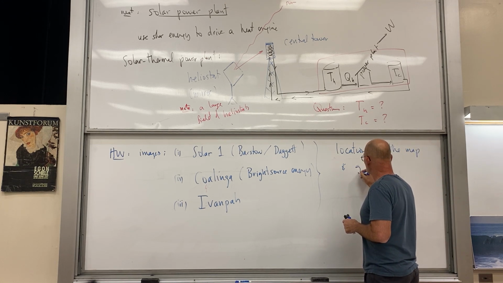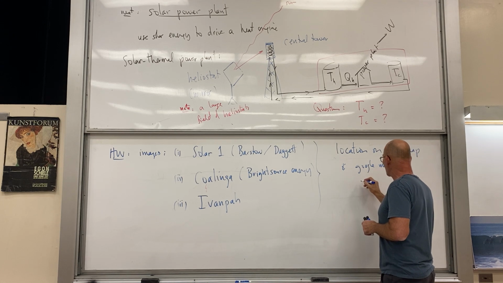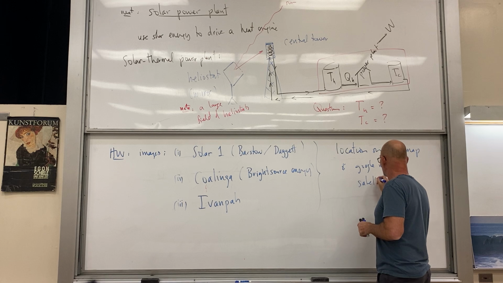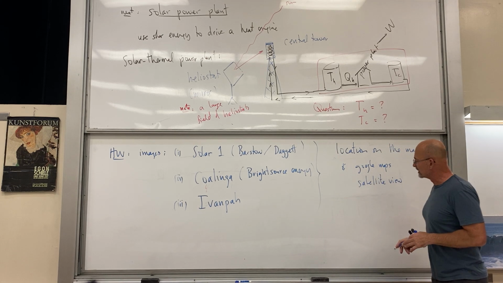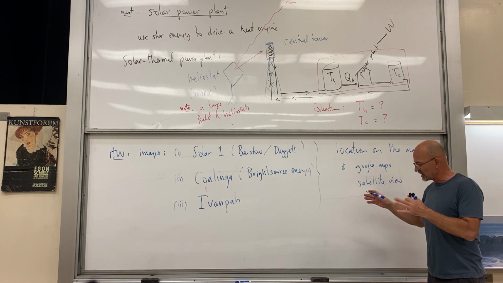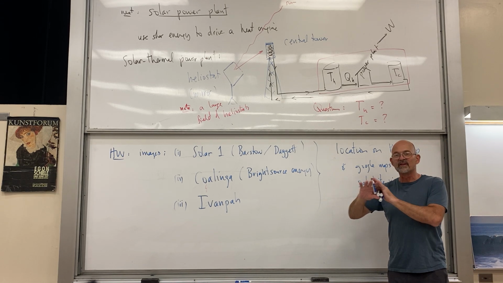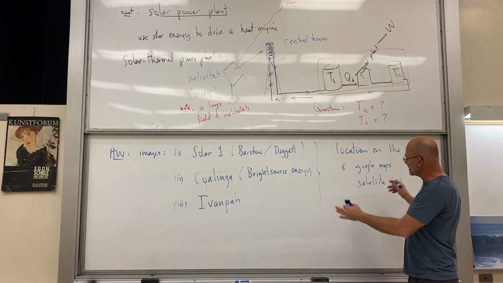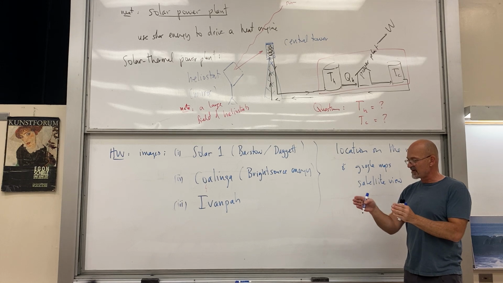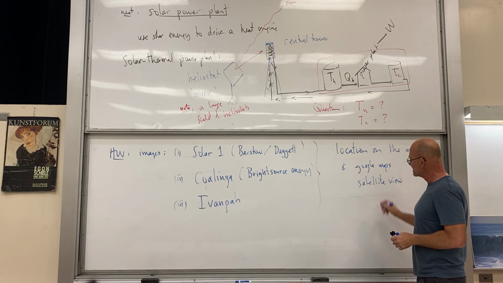So I'm just going to write Google Maps satellite view, because you'll get satellite views that you can kind of measure the actual size of the field. Okay, so the web page will have a little scale on it that says, say, 500 feet, 200 feet, etc. So you can actually get a sense of the scale.